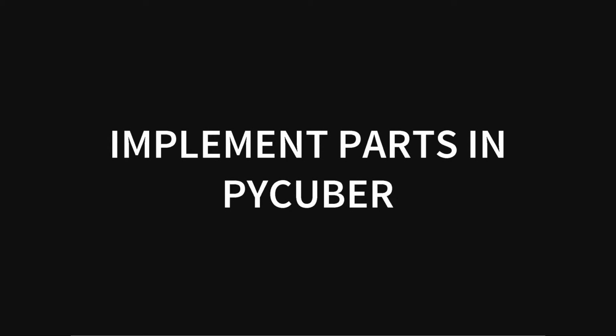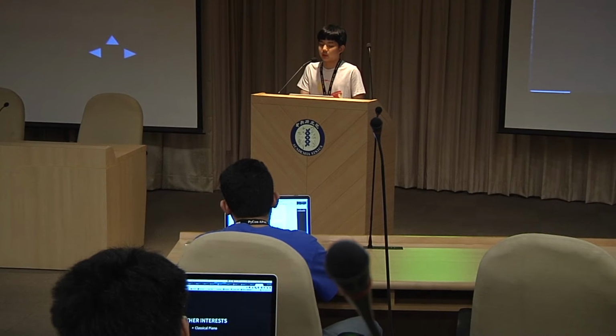Okay, so here are some parts in PyCuber. Mainly it has 3 parts. The first one is cube.py, which implements the Rubik's Cube itself and how it's positioned. Like a Rubik's Cube has 26 different, well, we call them cubies, which are small cubes, and how it is turned, how it is twisted, and so on.